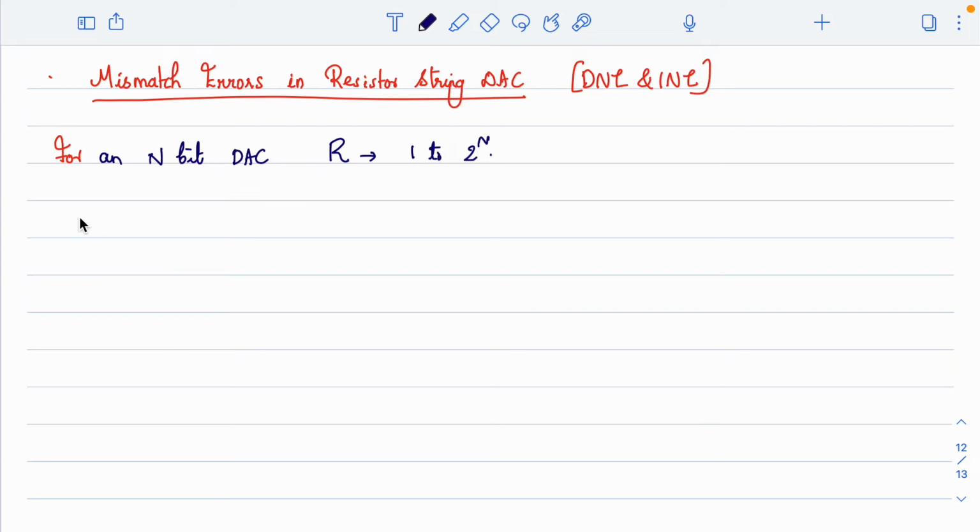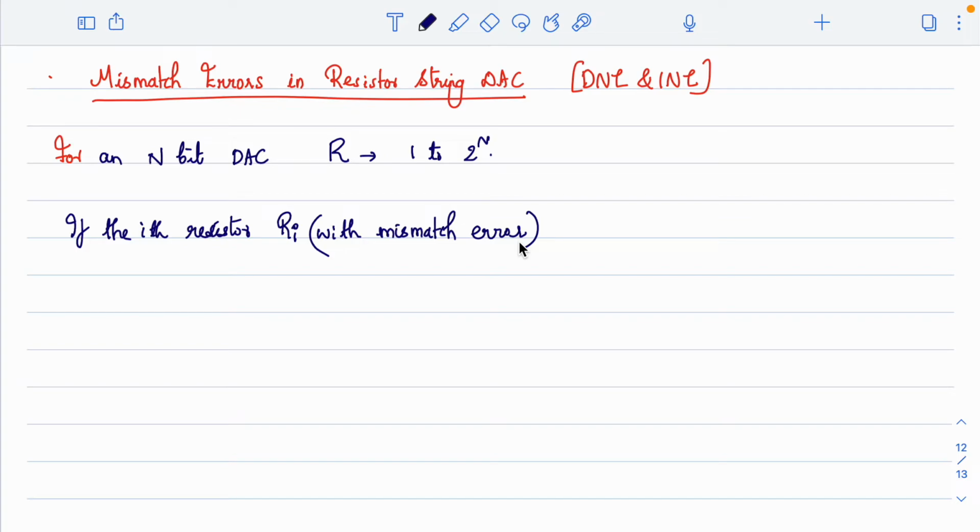In that, say there is the ith resistor, which I am calling Ri. Assume that the ith resistor has a mismatch error.